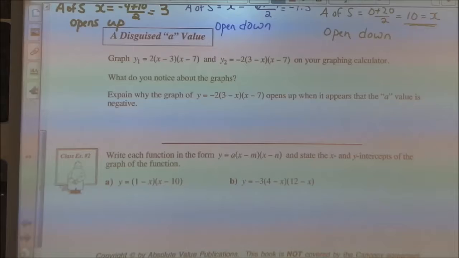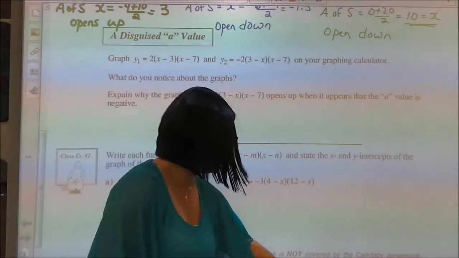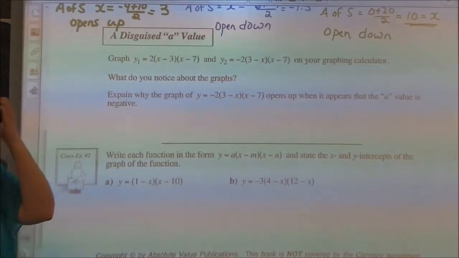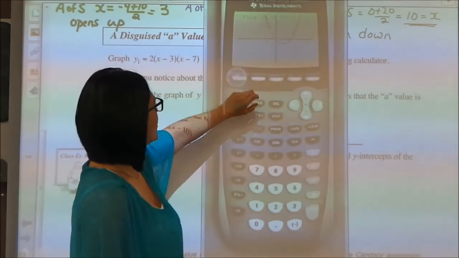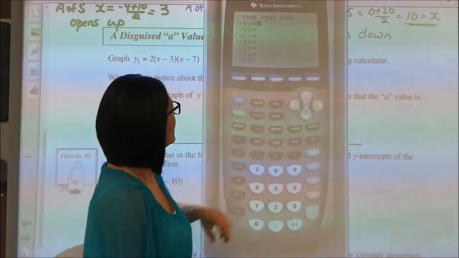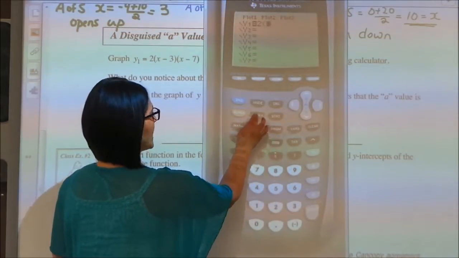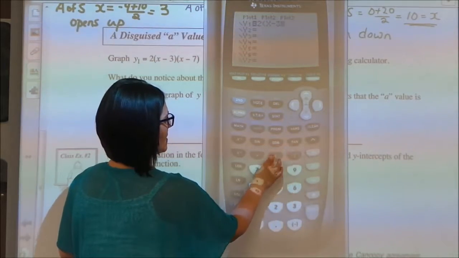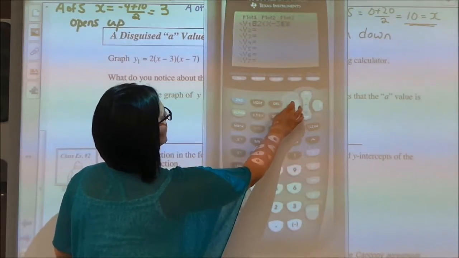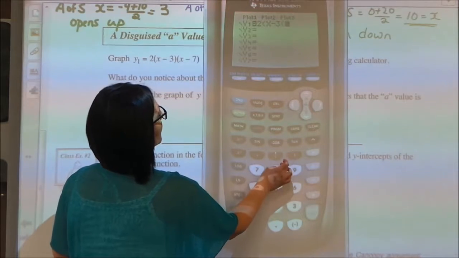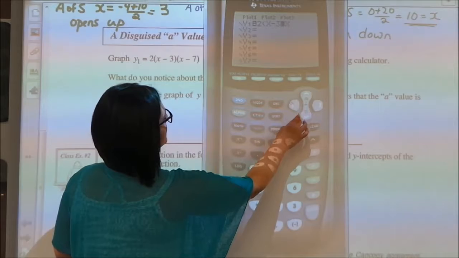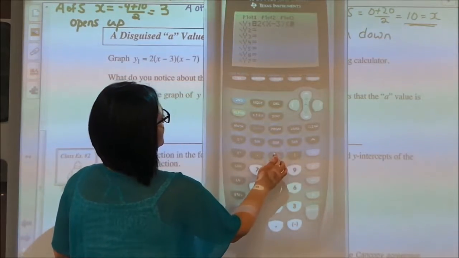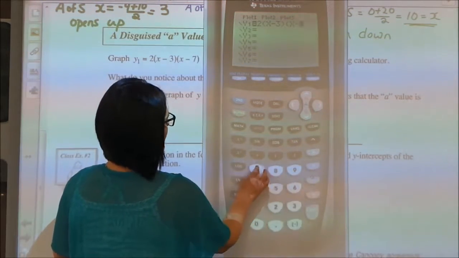So the question here is to graph these two equations on your graphing calculator. So let's take out our graphing calculator and put both of these equations in there. Our first equation is 2 times x minus 3, oh, forgot the bracket here, there we go, times x minus 7.